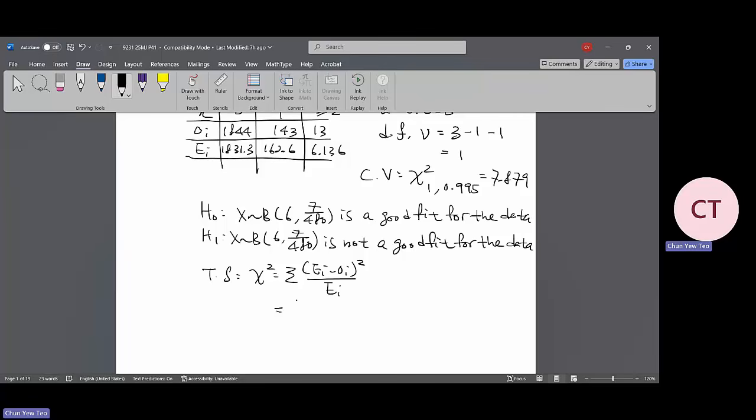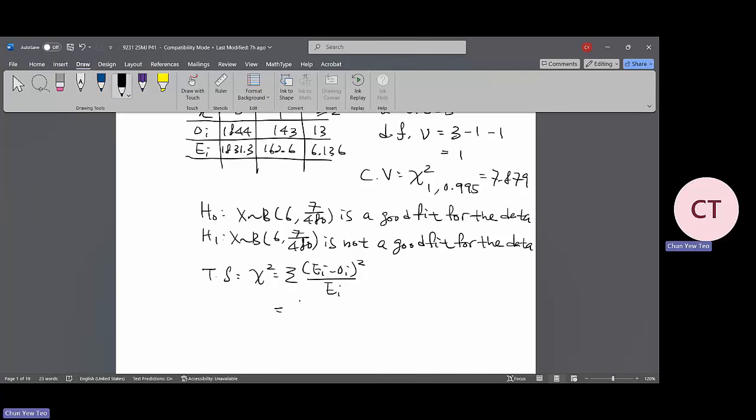The first one is 1831.3 minus 1844, squared, divided by 1831.3.